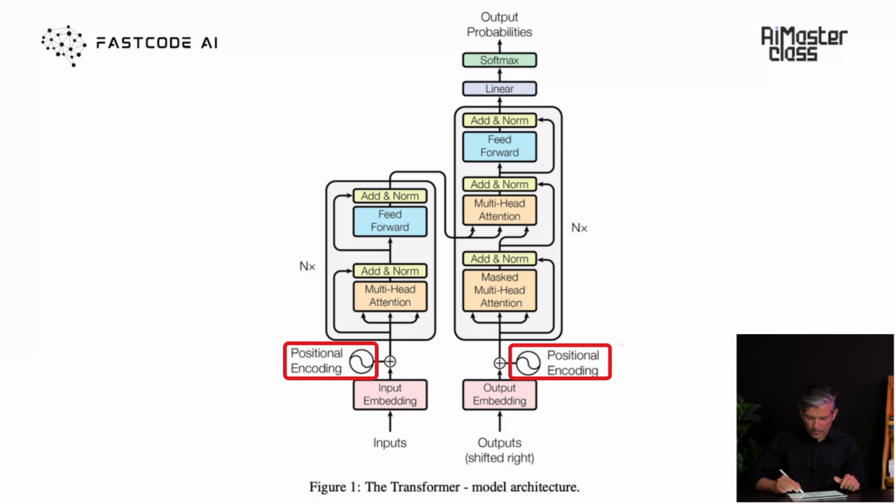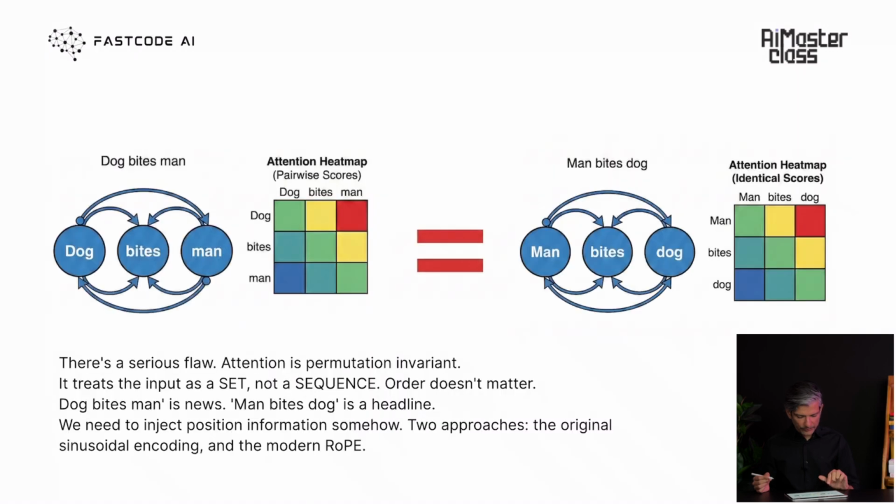So let's now talk about these things called positional encodings. There is a serious flaw with the current way of doing attention, and what is that flaw? We have not respected the order. Currently it is just a set of words, not a sequence of words; it's permutation invariant.